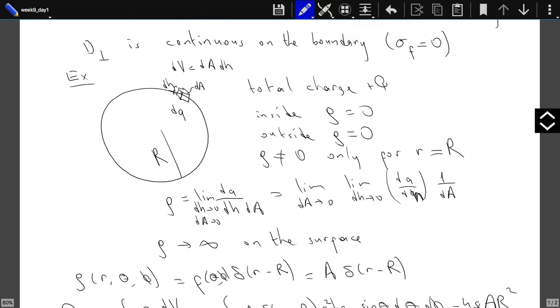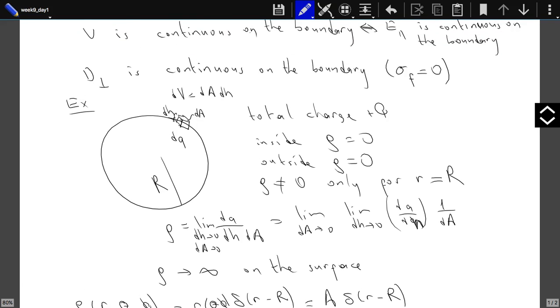Why couldn't we do it directly from the definition? Well, if you are confident with your definition of the Dirac delta, you could. What I was trying to do is, first of all, show that the rho has the properties of the Dirac delta, so it has to be proportional to the Dirac delta.